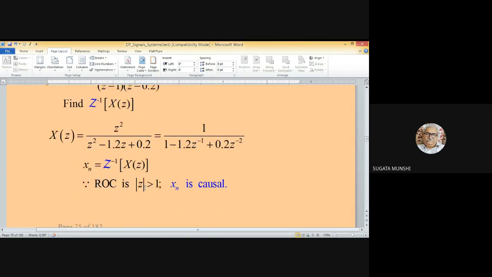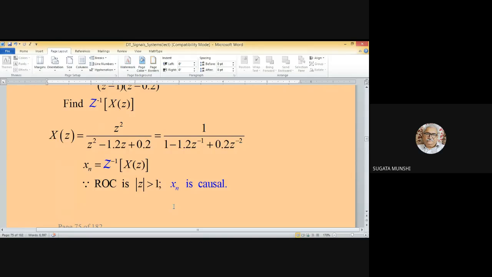Remember that magnitude of z is greater than 1. Therefore, the sequence whose Z transform is given by X(z), that sequence has to be causal. All right. Therefore, in power series expansion, we have to obtain a power series in terms of negative powers of z, of the form x[0] plus x[1] z to the power minus 1 plus x[2] z to the power minus 2 plus x[3] z to the power minus 3.